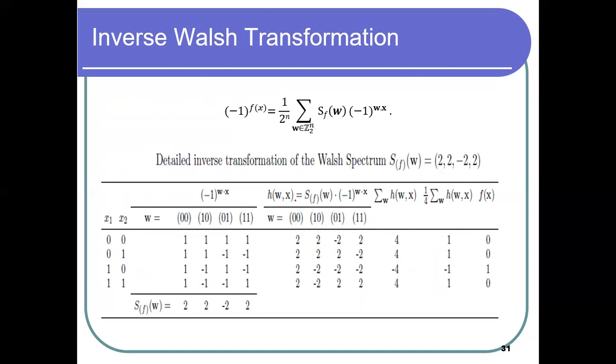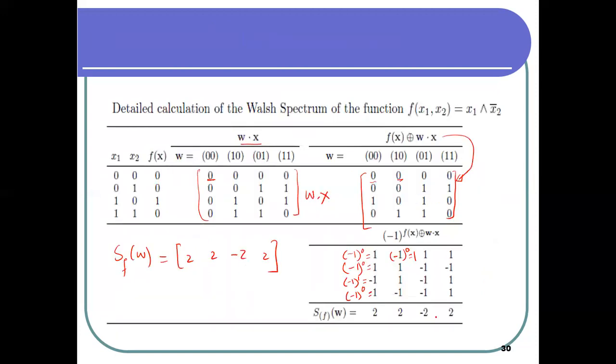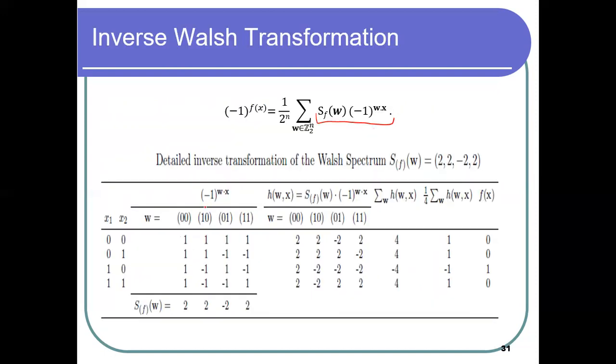So what I have to do is to calculate this part of my definition. I just multiply the Walsh spectrum which I have calculated in my previous example with these elements, that is the output of this one. So I just multiply this with minus 1 to the power f.